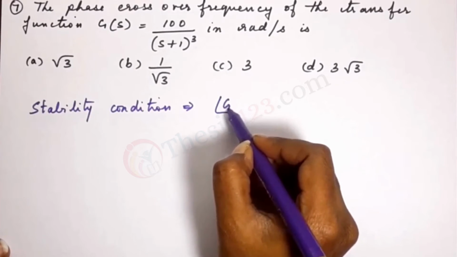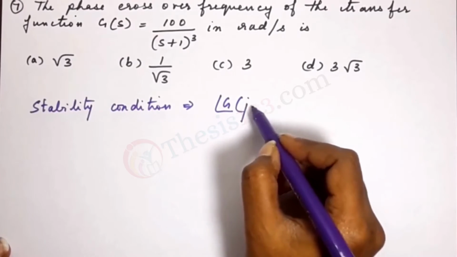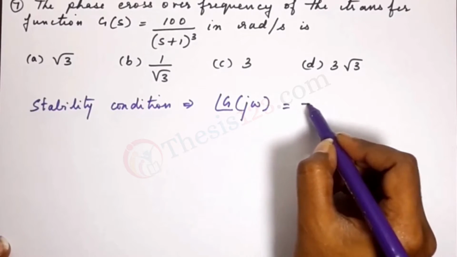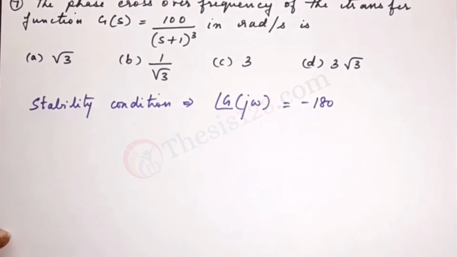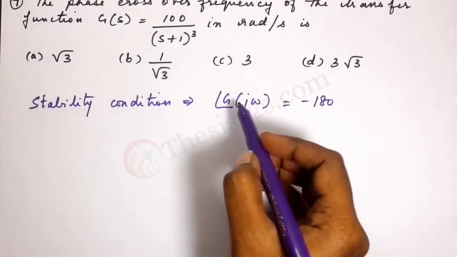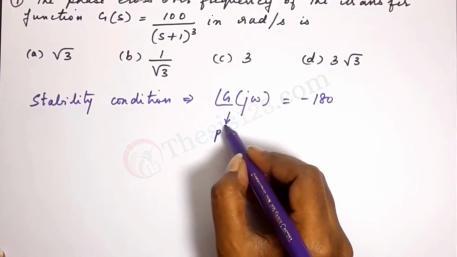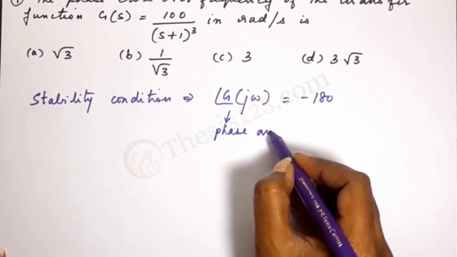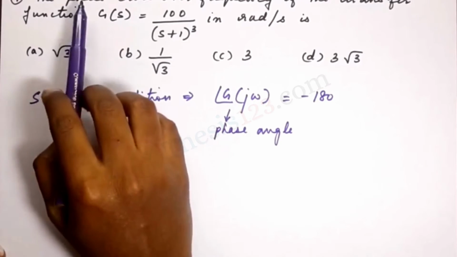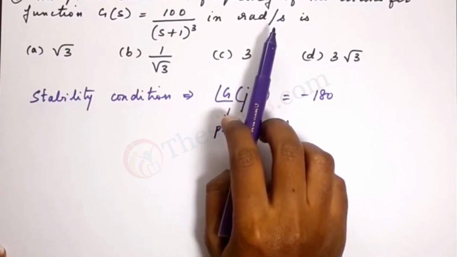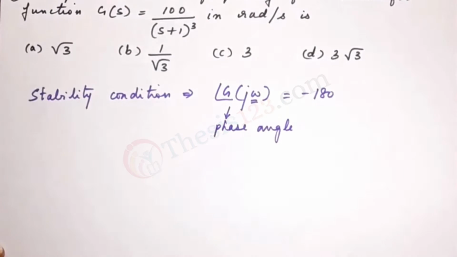is given by the angle of g of j omega, which is minus 180. Now that is standard, alright. So here the angle of g of j omega is the phase angle. We need to find out what is the phase crossover frequency, which is omega.